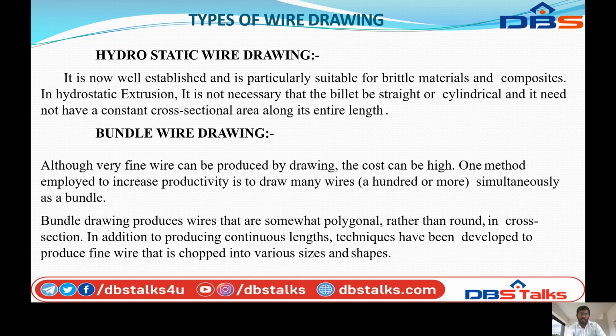Bundle drawing produces wires that are somewhat polygonal rather than round in cross section. In addition to producing continuous lengths, techniques have been developed to produce fine wire that is chopped into various sizes and shapes.